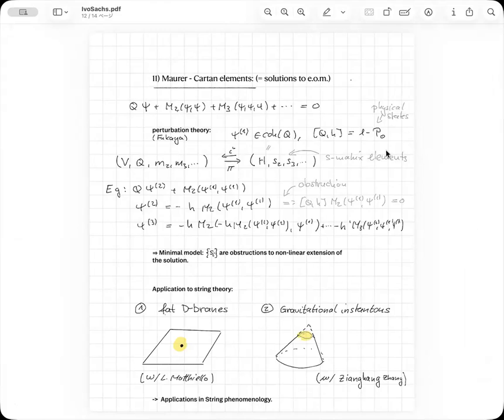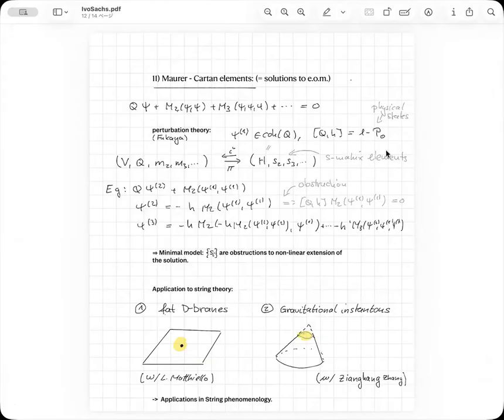When the interaction vertex, the output of an interaction, has a piece in the physical Hilbert space, then you cannot invert it because then Q would be 0. And these are what we call S matrices. So this is precisely the S matrix theory. So basically the statement here is that the non-vanishing S matrix is an obstruction to extending a solution from an infinitesimal to a finite deformation.